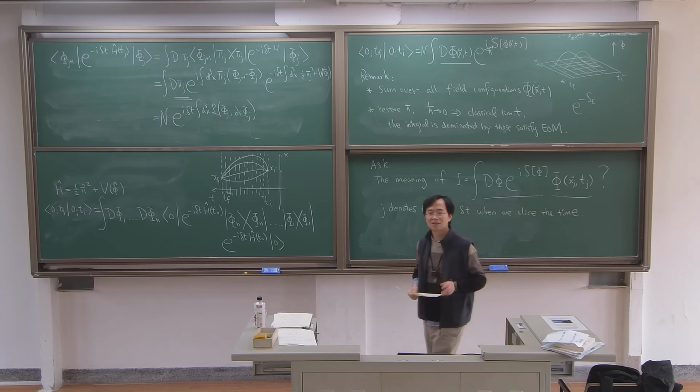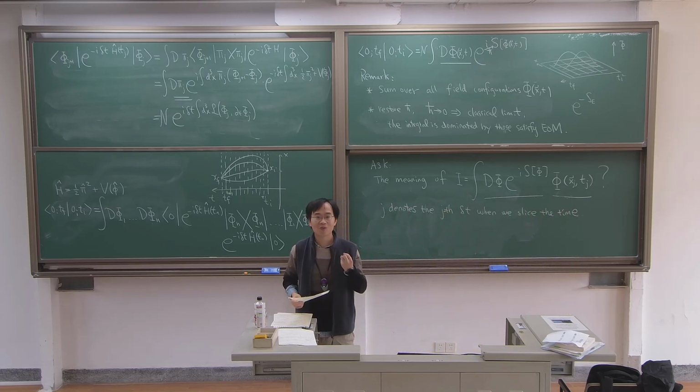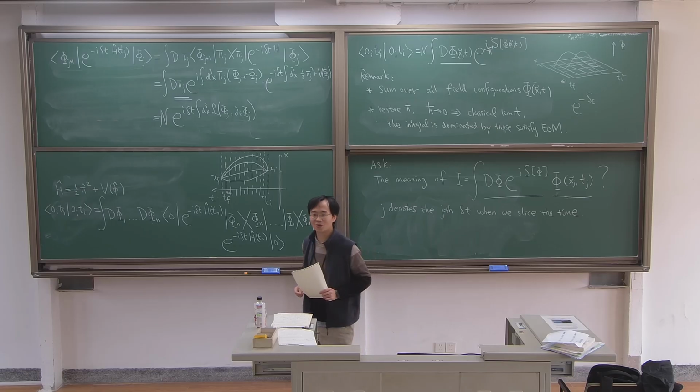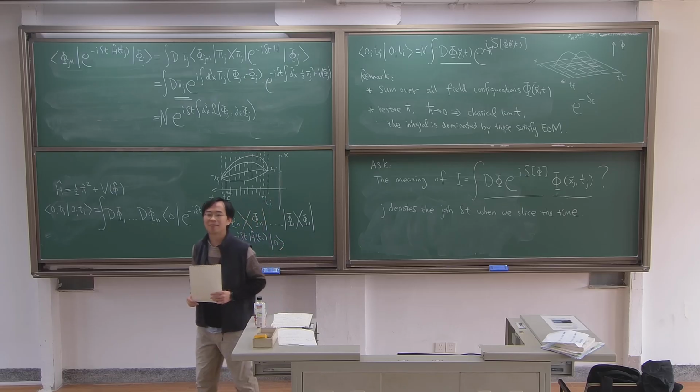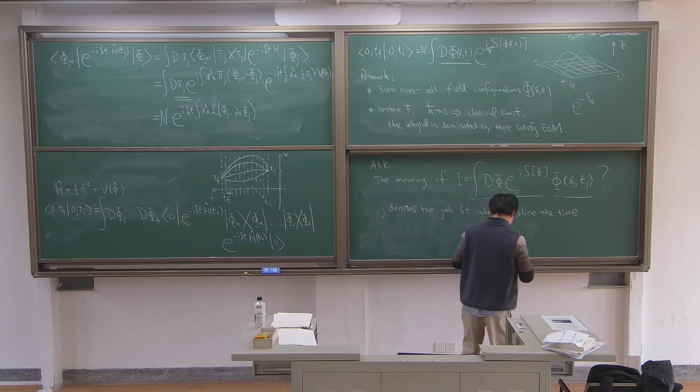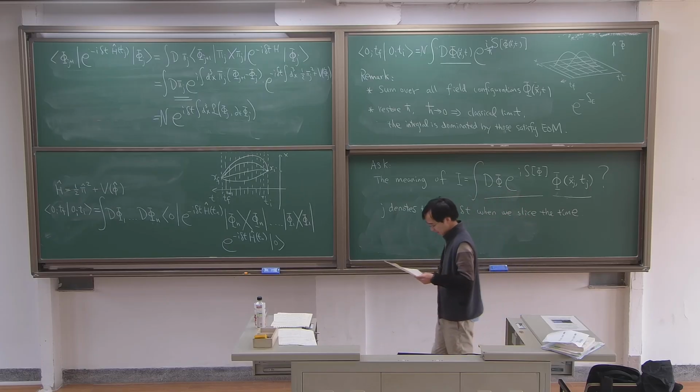Then you have to tell me what is T, or what is Tj. If I know what is T, then I know what is Tj, because j is just to specify when you discretize time. So this is the new question after we slice the time.